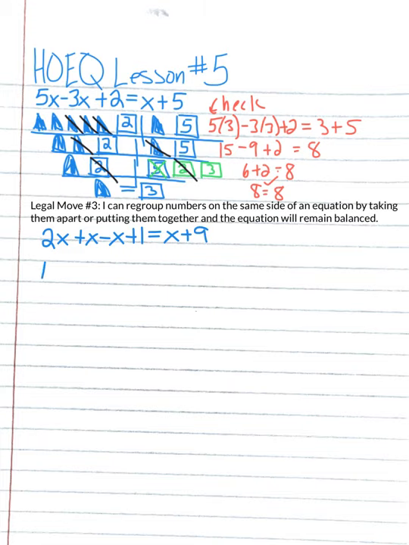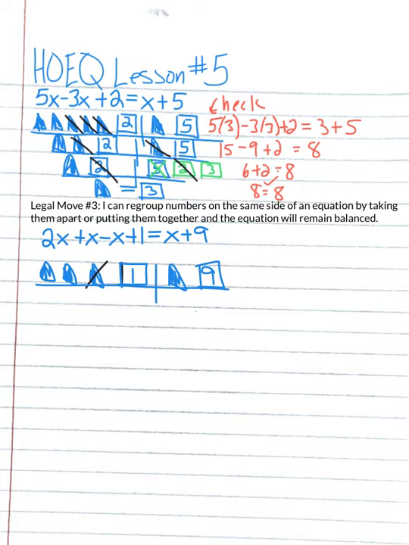So when I draw this out, I'm going to have my 2 triangles plus an additional triangle. But then I'm going to take a triangle away. And now I have a 1. And this is going to be balanced with a triangle and 9.